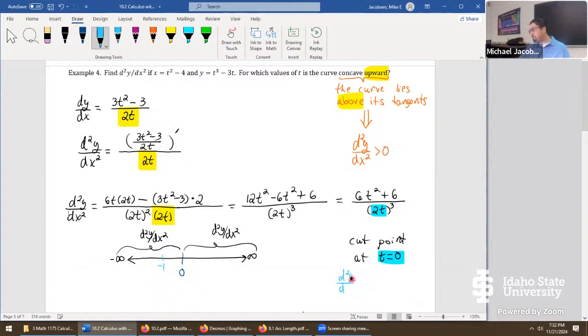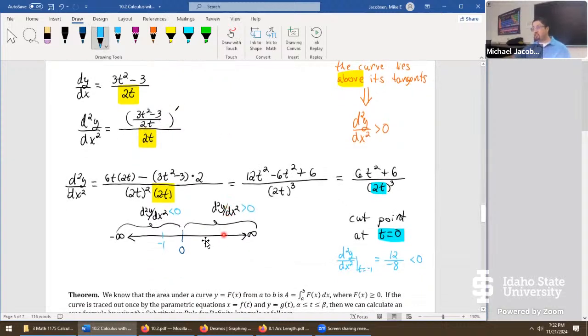So d2y/dx2 at t equals -1 is going to give us a positive 12 in the numerator. We weren't worried about that changing signs. But the denominator is going to give us a -8. So that means it's negative in this region. And that would tell me I'm expecting positive, so greater than 0 in the other region.